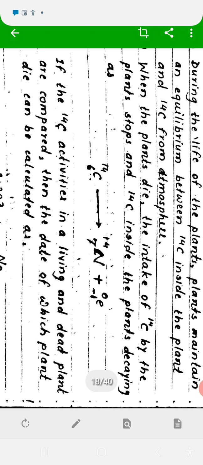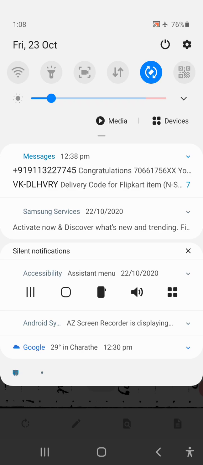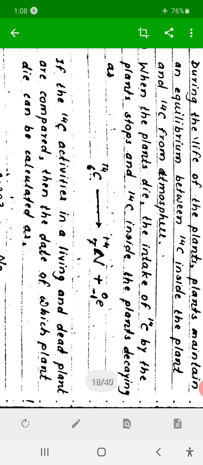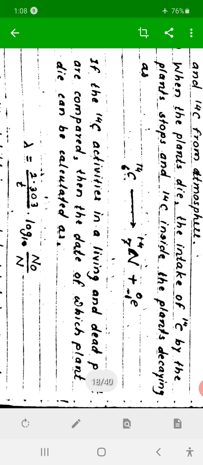After dying, the C14 inside the plant decays as follows: C14 is converted into nitrogen 14 by loss of one electron.